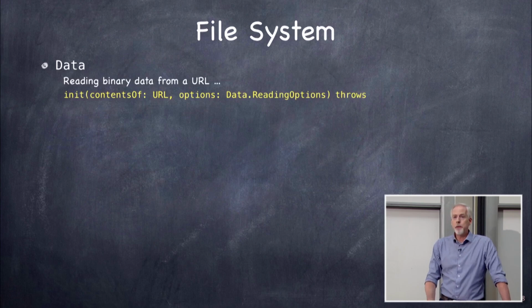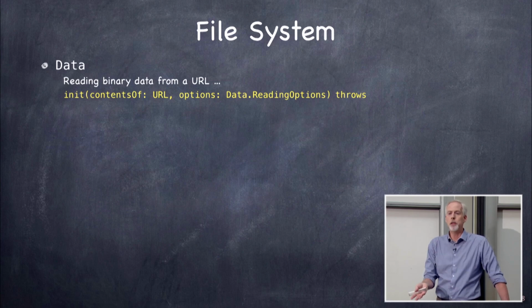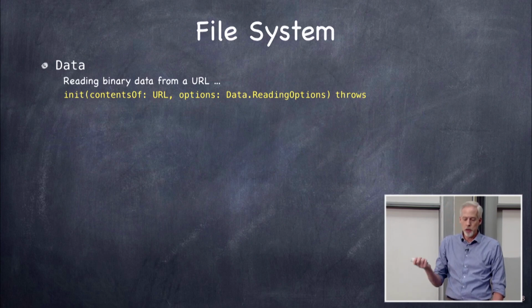How do you read and write files? We do that with Data. Okay, and you've already seen this actually. We used Data to read a file off the internet with an HTTP URL. Of course, you can do that with a file URL as well. We did not use the options when we did it because we use default options, which you mostly will, but there are some read options you can go look at.